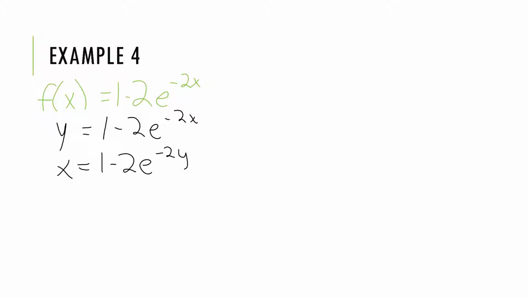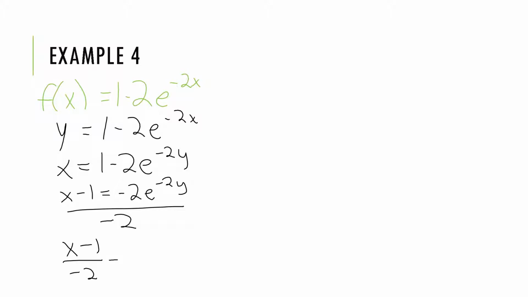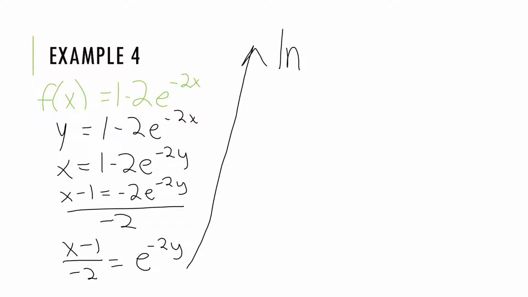And then we're going to subtract 1 from both sides, and we will get x minus 1 equals negative 2e to the negative 2y, and divide by negative 2. So that will give us x minus 1 divided by negative 2 equals e to the negative 2y power. Then we are going to take the natural log, so we're going to say ln, which has base of e, but that's not necessary to write in, of x minus 1 divided by negative 2 is equal to negative 2y.